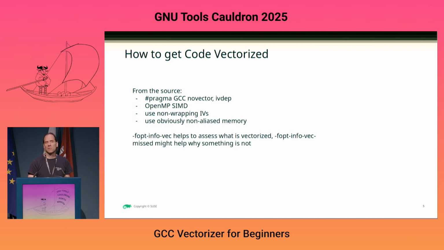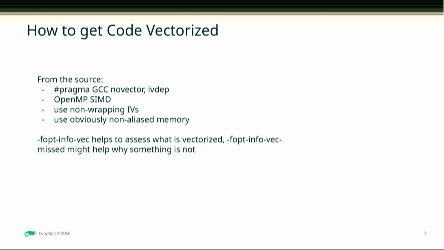But in most cases, it hints at the very first issue GCC hits when it sees a loop and cannot vectorize it. So the line number referenced by the opt-info is usually the line number of the loop header. Like when you have a for loop, it's the line of the for. And so it's quite easy to correlate the messages to source code.